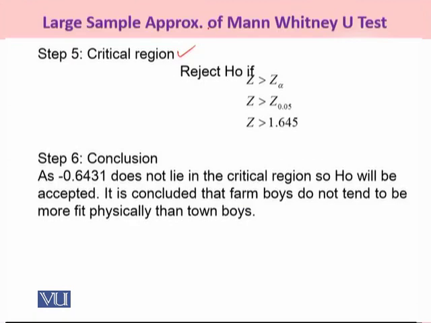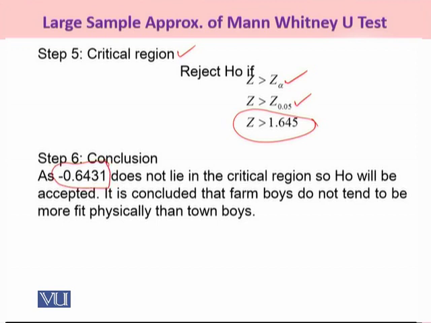As you know, this was a one-tail test, a directional hypothesis, so I would reject H naught if Z is greater than Z alpha. Alpha here is 0.05. From the normal table, I obtained the value 1.645. Now the calculated value of Z was minus 0.6431.